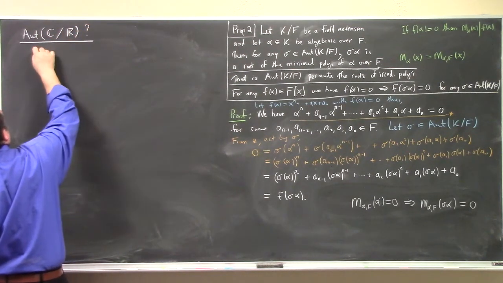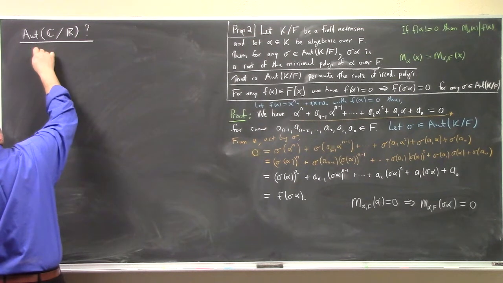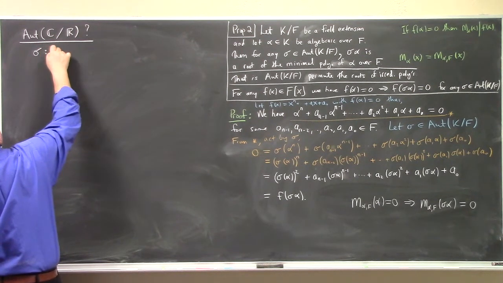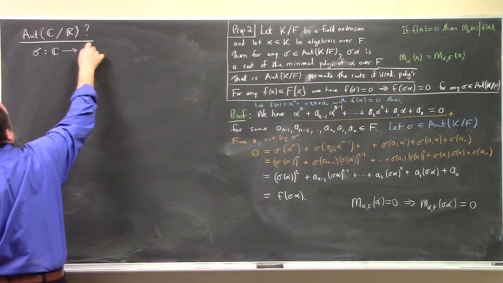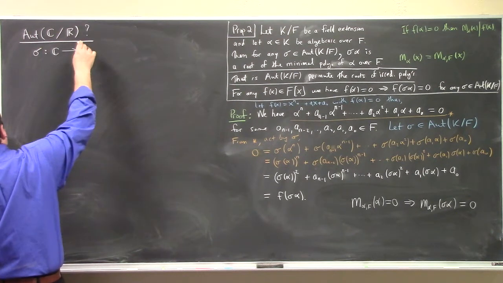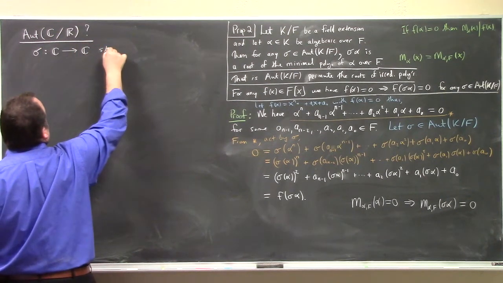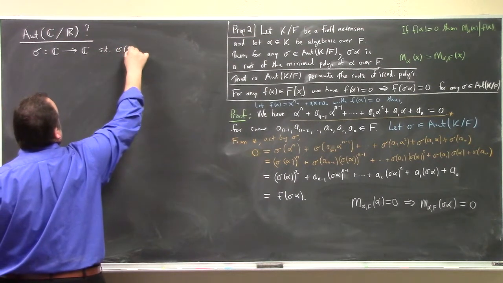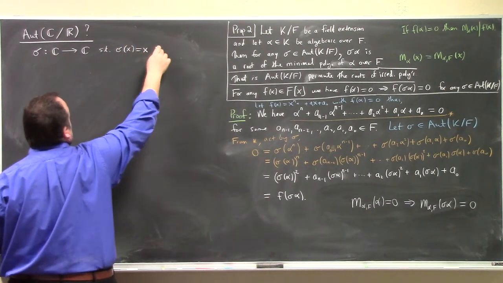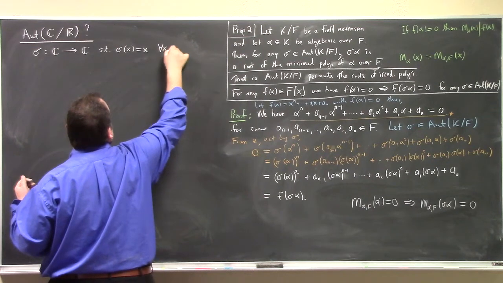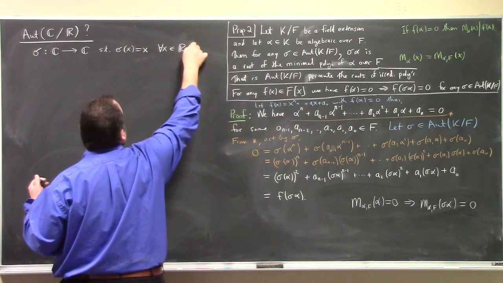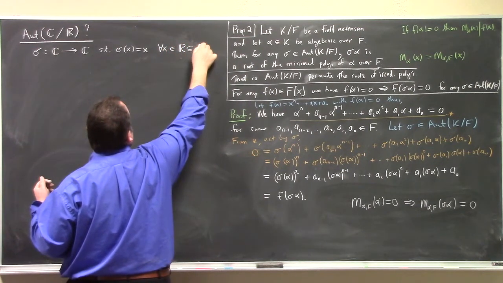So what are we looking for? We're looking for a sigma from the complexes to the complexes such that sigma of x equals x for all x in the reals, which we're viewing as a subset of the complex numbers.